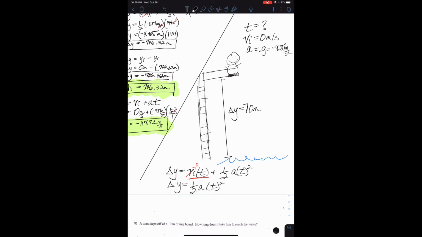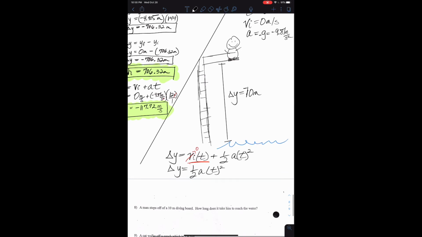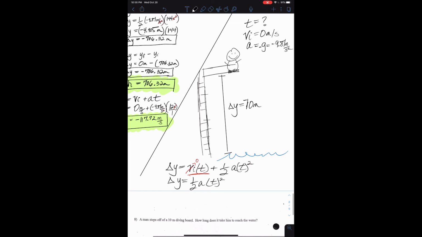Now you are going to have to square root at the end, right? And that's fine. The funny thing is, and I guess this is interesting if you've seen this before in the lab, if we move variables around, you might recognize this from the reaction time lab, right? Multiply both sides by 2.